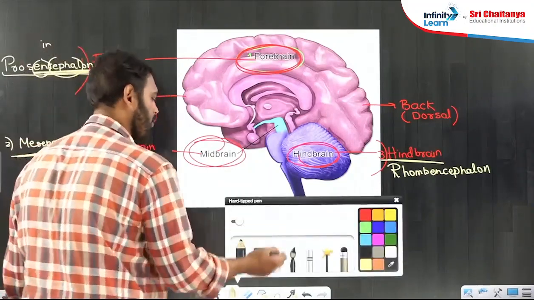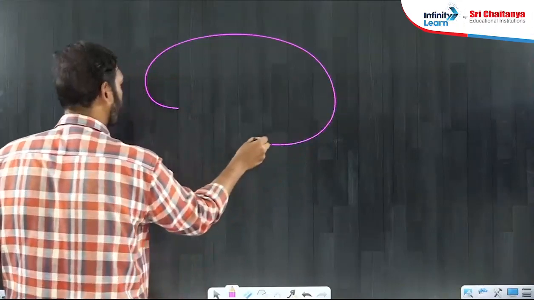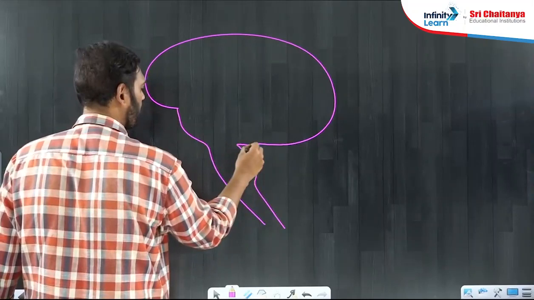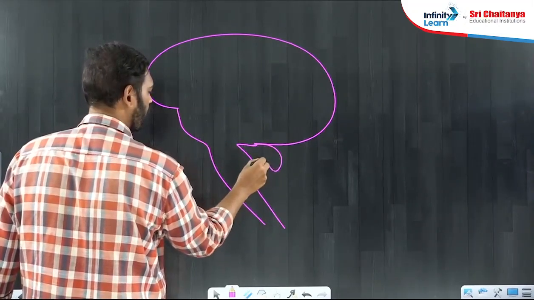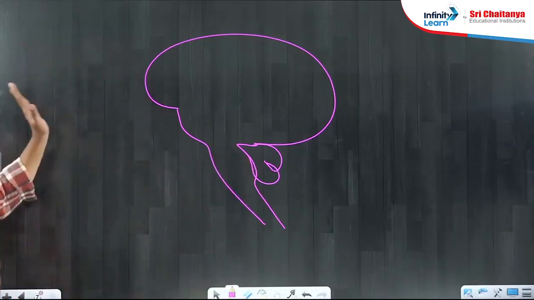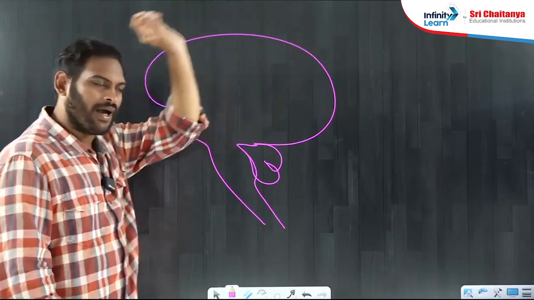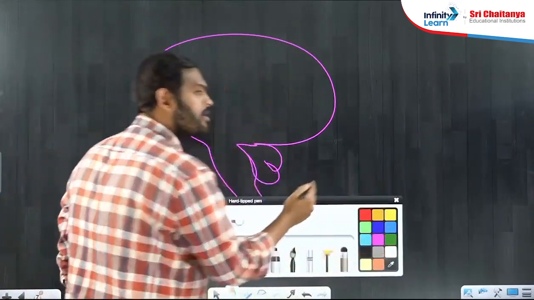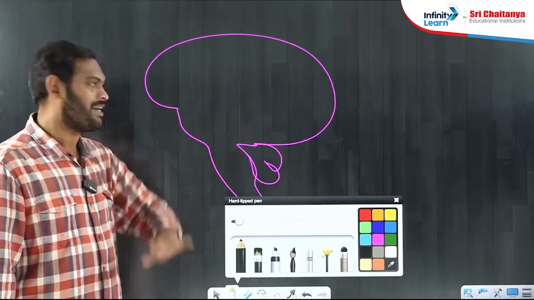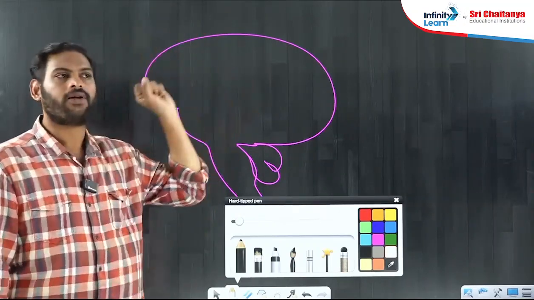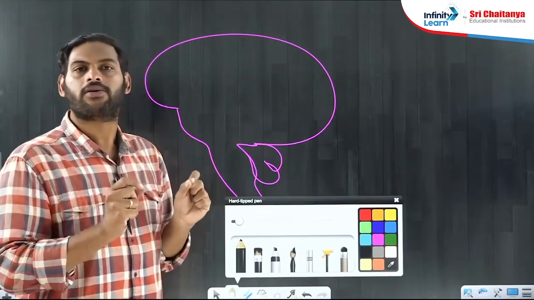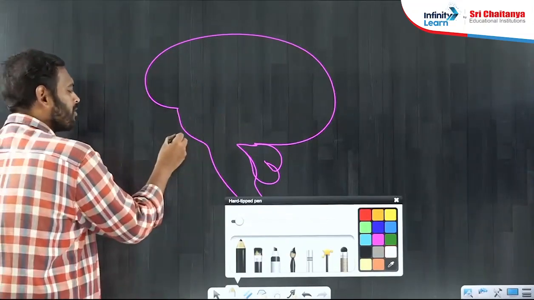And for information, the entire brain is actually covered by special membranous layers to protect it. So there are three membranes.